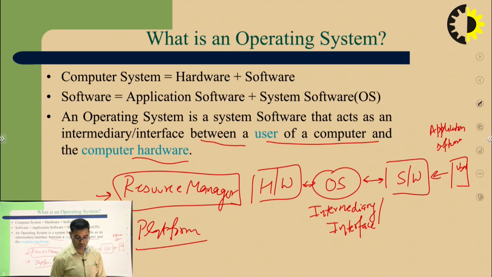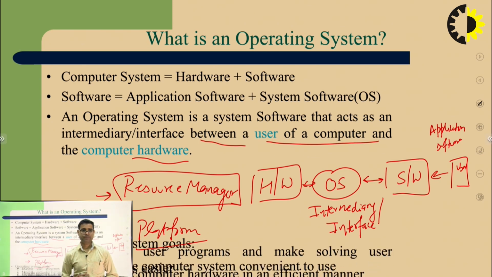On that platform we can run different applications like MS Word, Gmail, Facebook, Instagram, etc. So these are the different applications that run on the system software. So operating system acts as a platform in between the hardware and software.